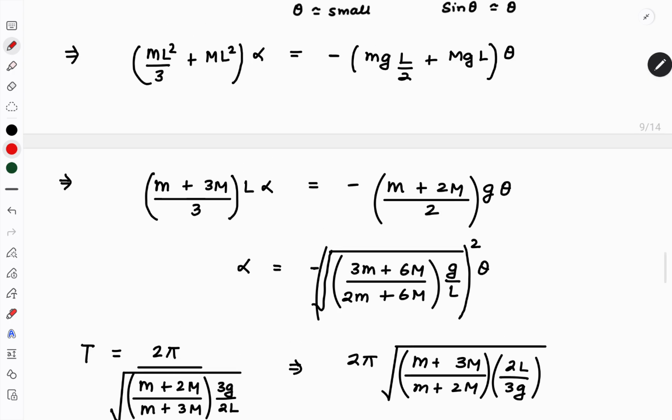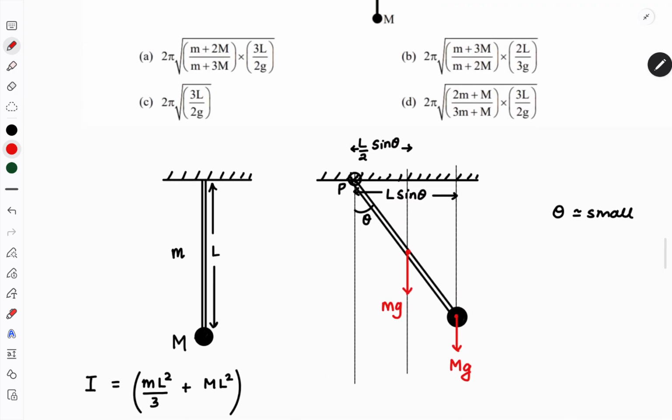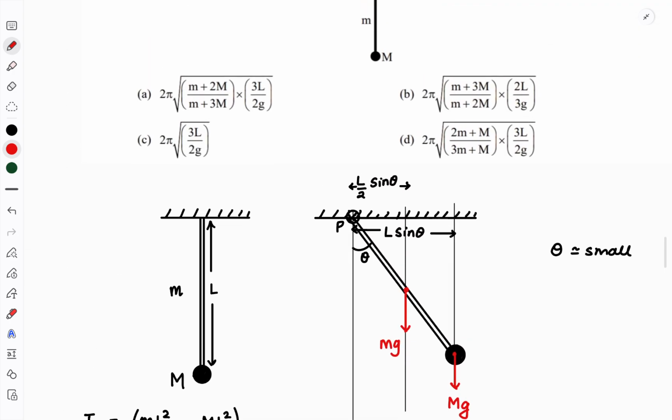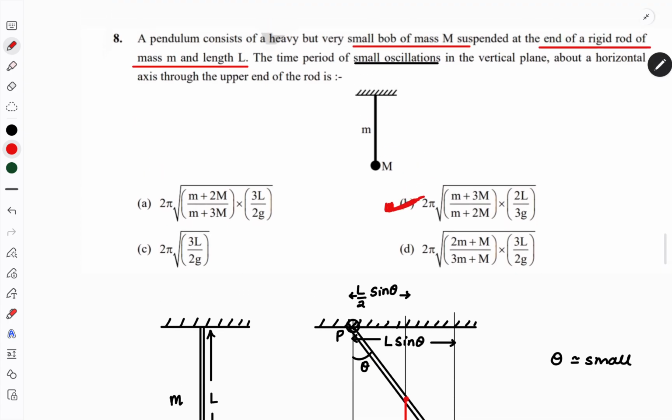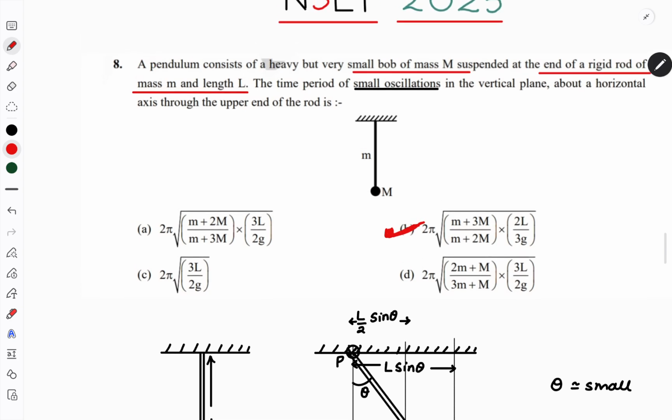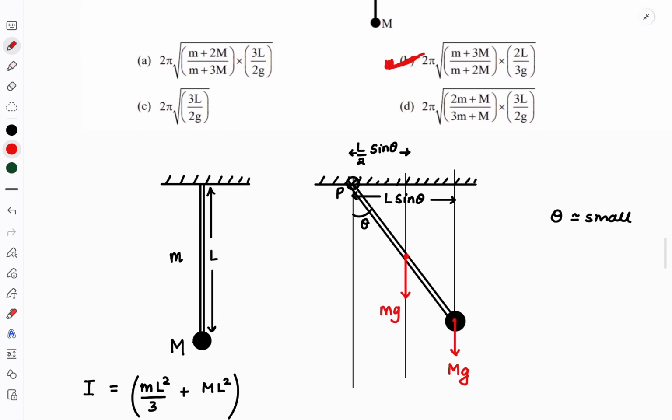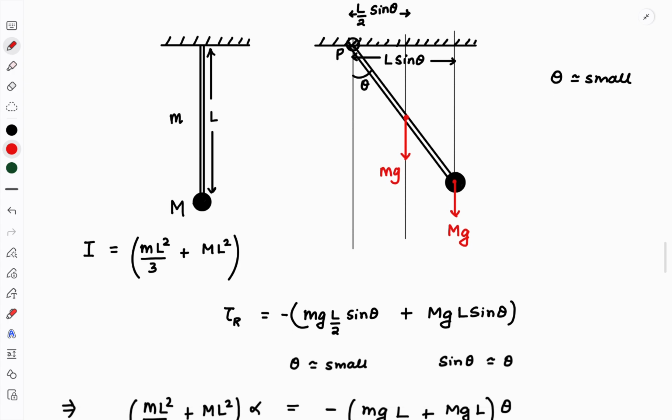So if we go to the options which are given to us, the second alternative is matching with what we have calculated. So for this particular problem, alternative 2 is correct. So it is based on the very simple idea of how to write the SHM equation in terms of alpha equals minus omega square theta.